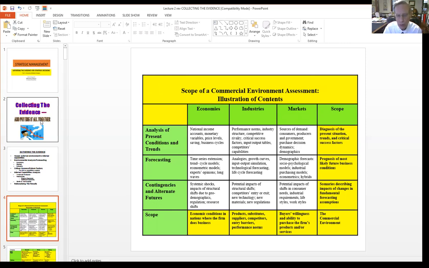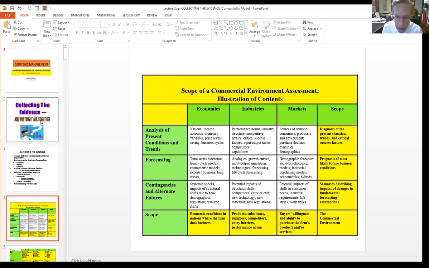The substantive dimension, S-U-B-S-T-A-N-T-I-V-E. And I'm sorry that that row is not labeled, because frankly there are a couple of quiz questions about it. But those are the three parts of the substantive dimension of the environmental assessment.